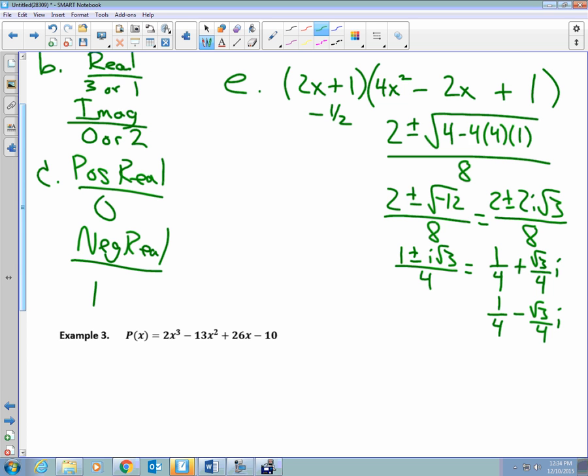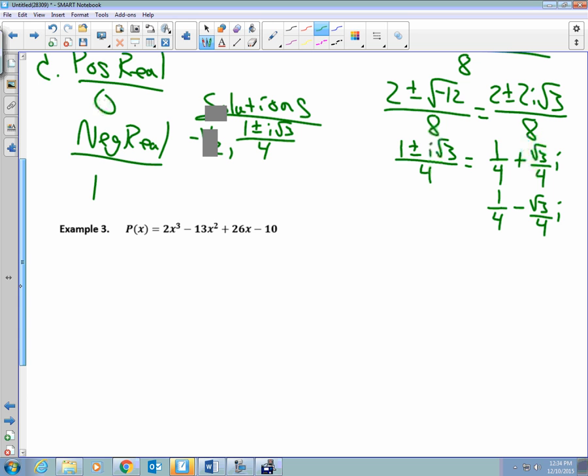And we'll use that as we write this in expanded form in a second here. So what are my solutions? Negative 1/2, and we can write 1 plus or minus i roots of 3 over 4. So those are my three solutions.